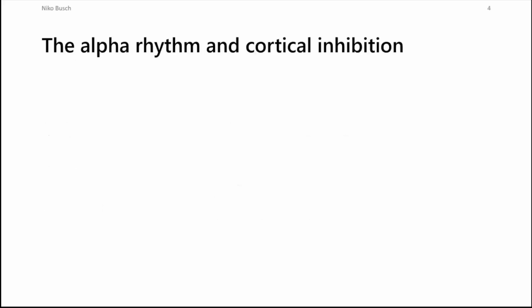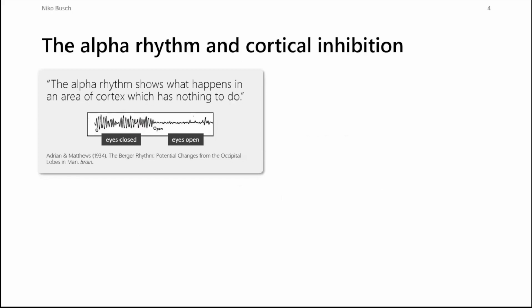Okay, so a brief summary of what I think I understand about the alpha rhythm. So, of course, it's been with us for a long time. It's been the first neurophysiological phenomenon that was ever observed in EEG. And basically, from the very beginning, people had an intuitive understanding of the cognitive function reflected in the signal.